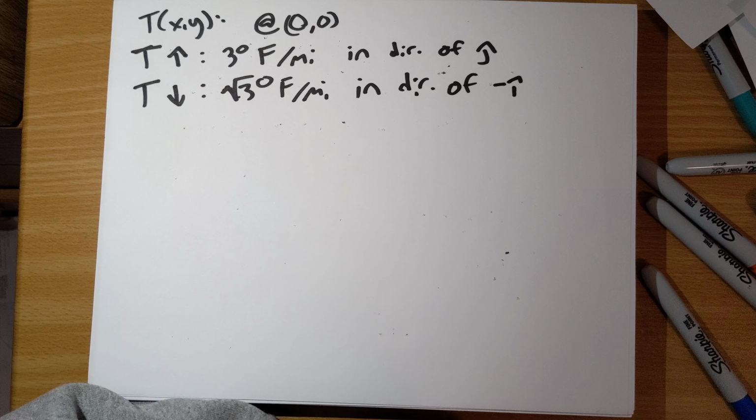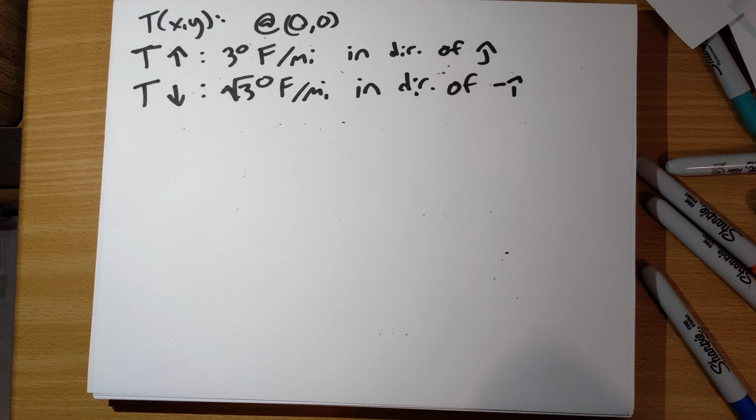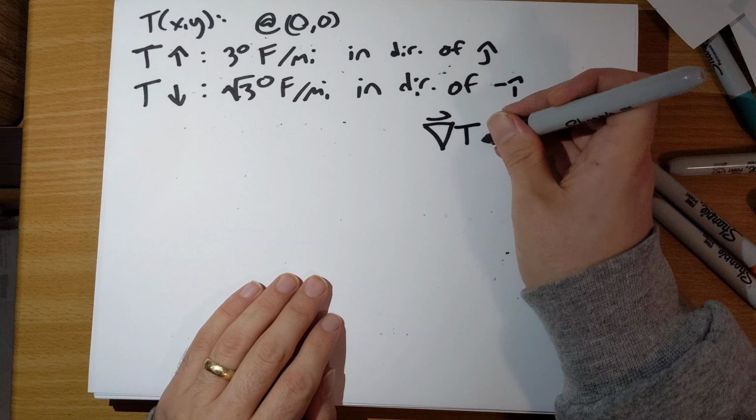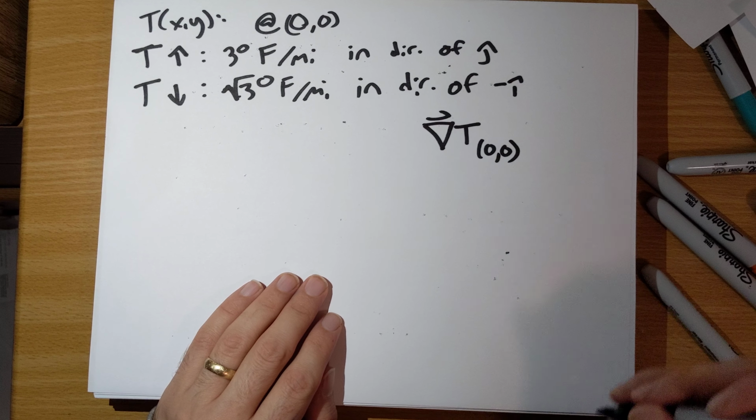So what we want to do is use this information to tell us what the gradient is. So our ultimate goal is to say, what's the gradient of T at the point (0, 0)?